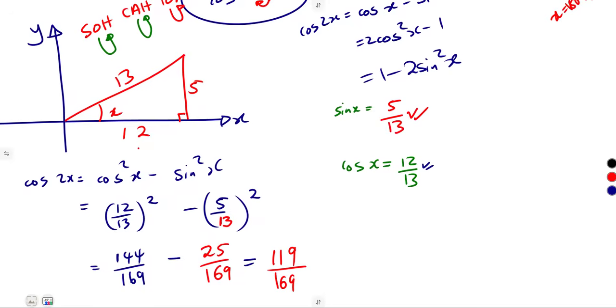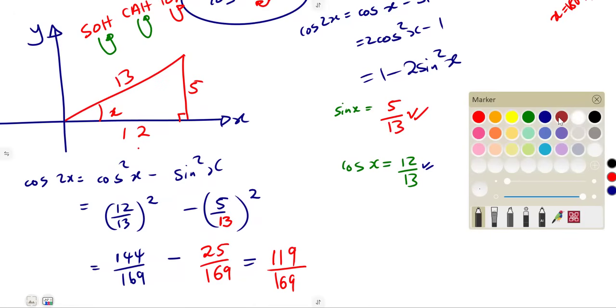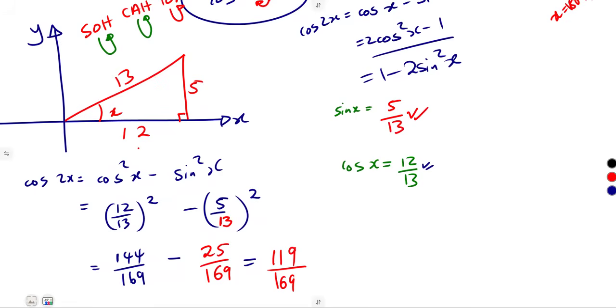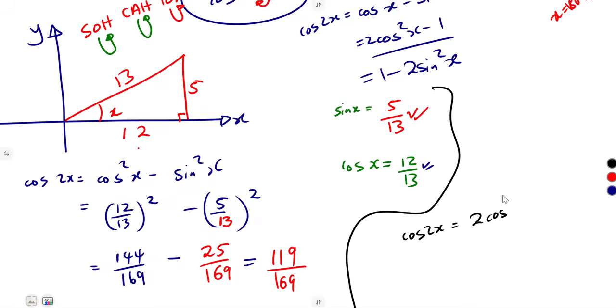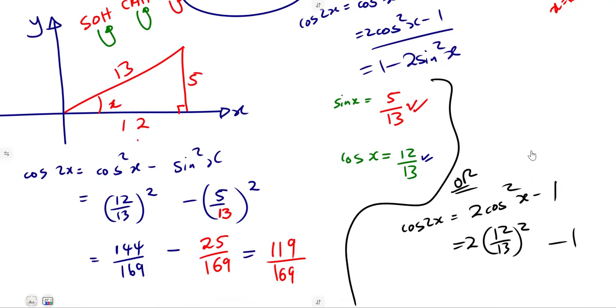Let's even consider the one with 2 cos squared. Let's take that one and see. Remember, cos 2x is the same as 2 cos squared of x minus 1. So we substitute the cos of x, 12 over 13, squared. Whatever you have there, you subtract 1.